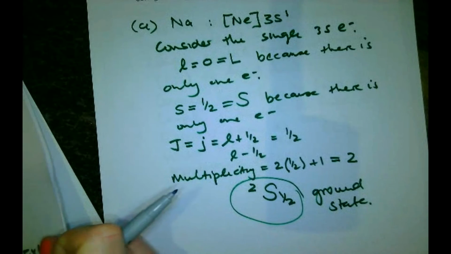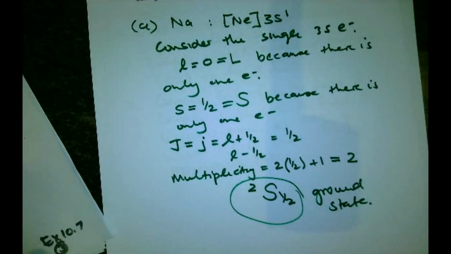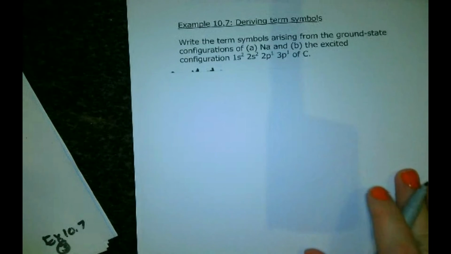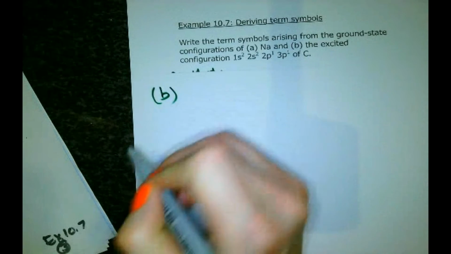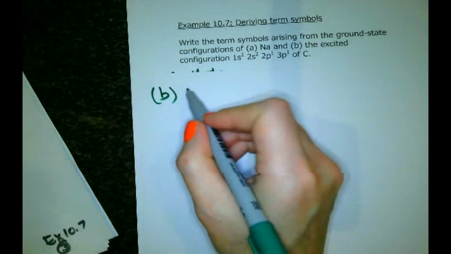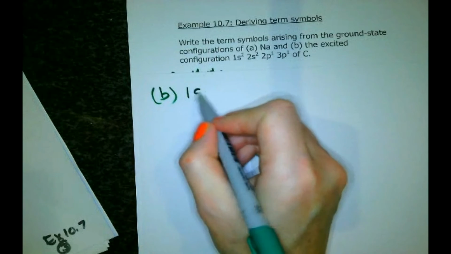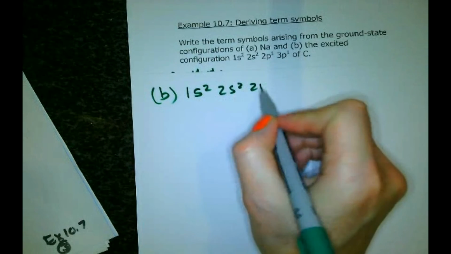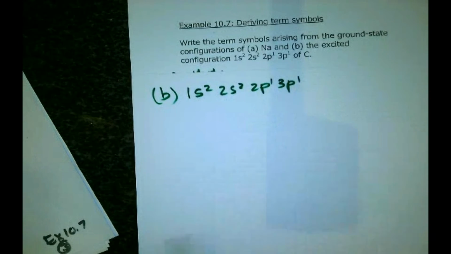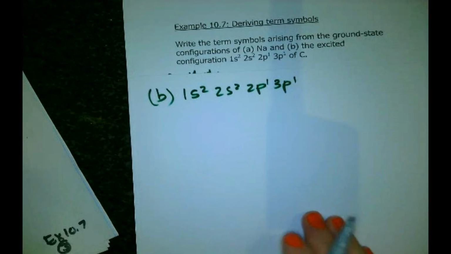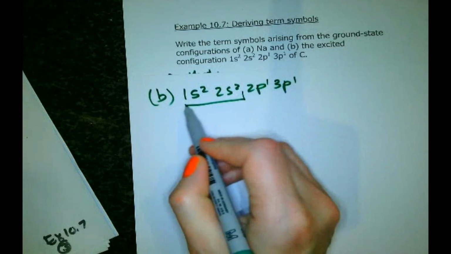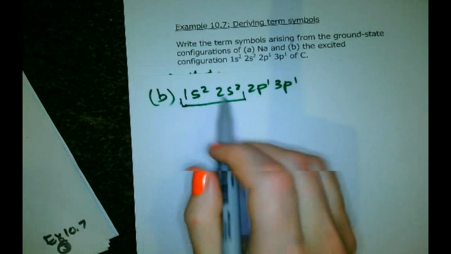Okay, now let's have a look at the second question, the B part. Now things get a bit more complex. We are talking about the excited configuration of carbon. There we have the electronic configuration. Now remember, we don't consider the closed shell electrons.